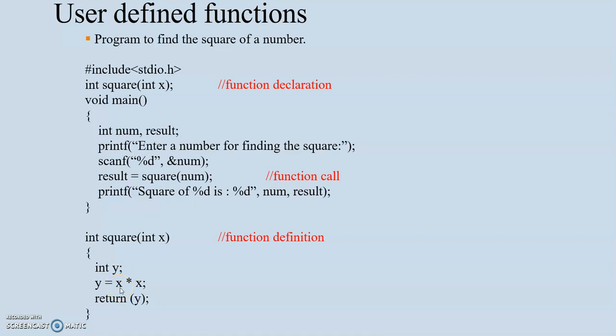Square means nothing but multiplying the same number twice, and returning y as the result back to the place where the function was called, making sure that the contents of y will be stored in result, and so will be printed as the square of the number is the result.